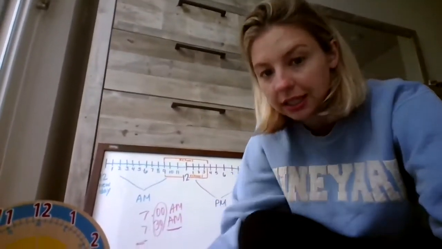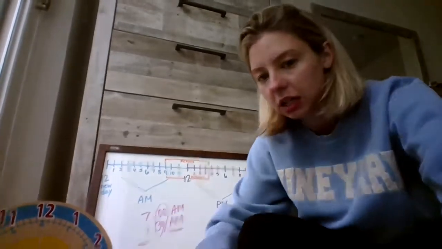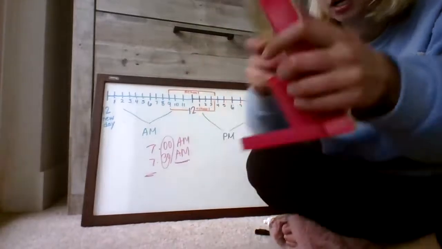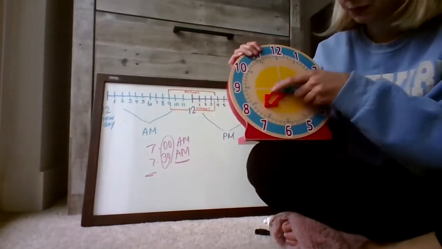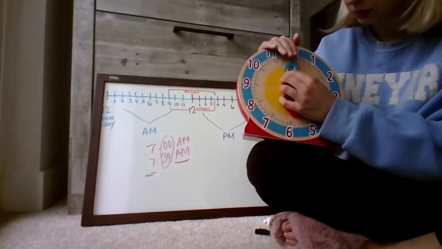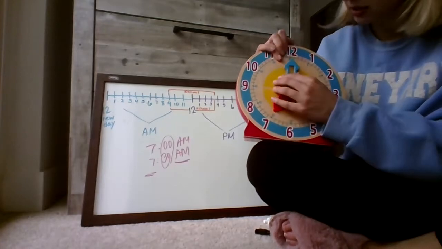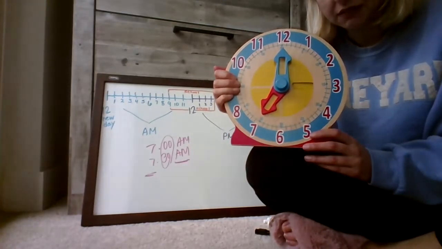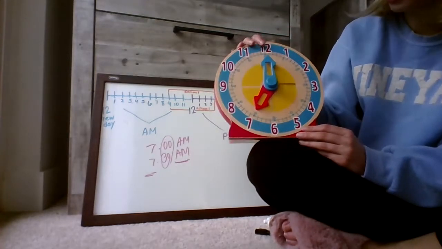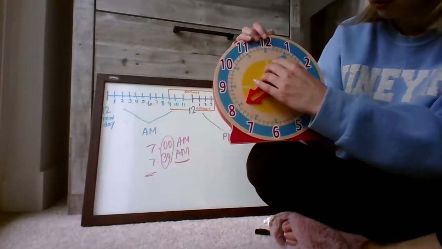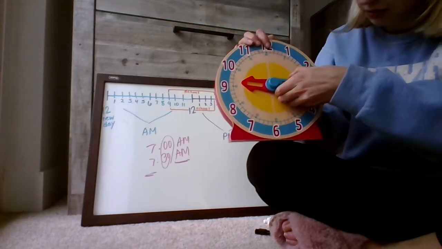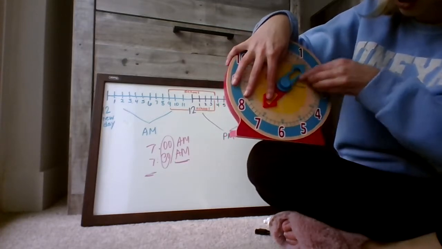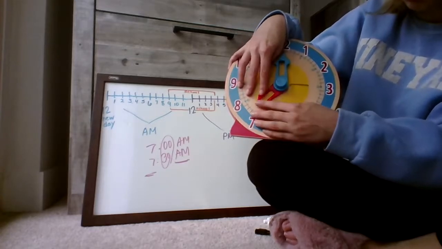So let's do this again. This 7 o'clock has 0 minutes, and it's directly on the hour. Ready? Here is 7 o'clock. If it was 7:30 a.m., it would go like this. 5, 10, 15, 20. Let's try that again because this keeps moving. I'm going to hold it down.